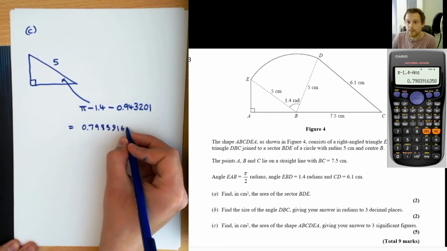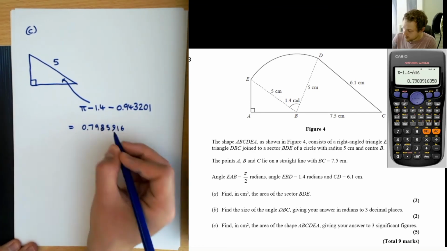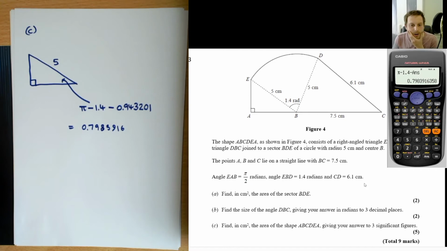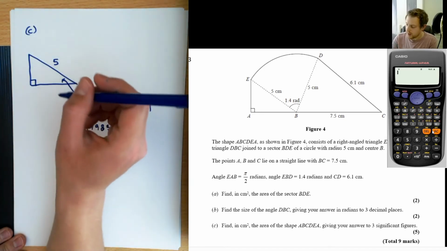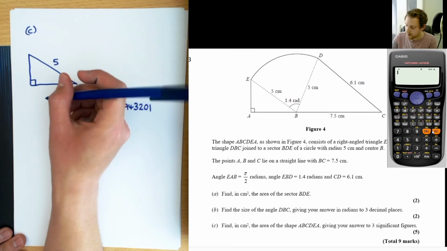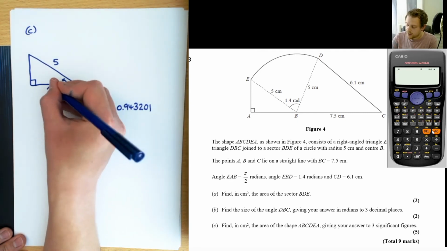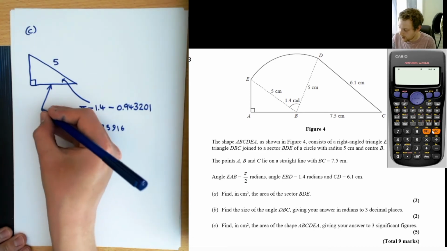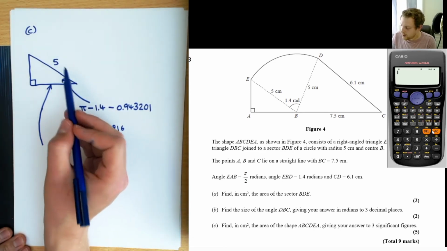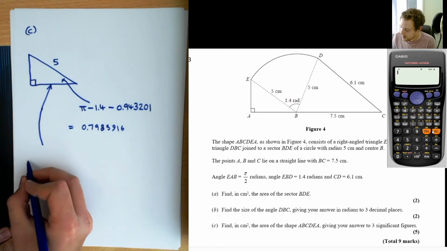So this is 0.7983916, and we'll leave it like that. That's going to be enough decimal digits for it to not matter too much. Although, to be fair, we could probably even use the exact answer or save it in our memory, so we can do that as well. So that's that there. Now all I'm going to need to do is work out, say, this length here, and then I can use my area formula. So we have the hypotenuse, we want the adjacent, so I'm going to use cos.